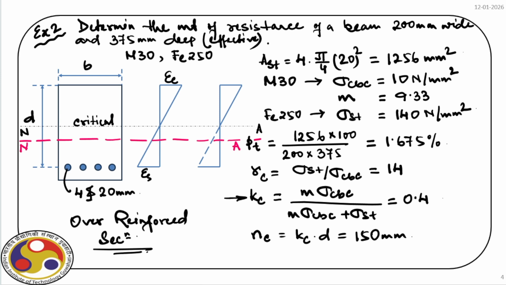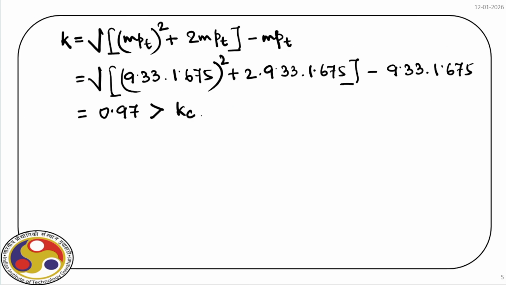Now, if it is an over reinforced section, then what happens? Sigma C is equal to sigma CBC. And moment of resistance MR is actually based on concrete. So it is R B D square.